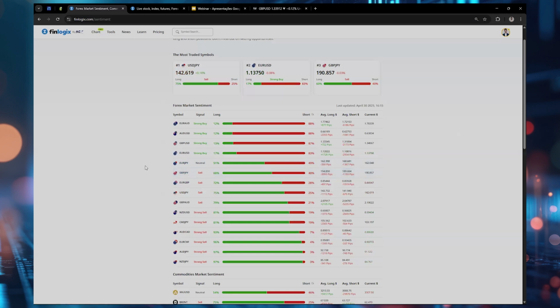For the Japanese yen, I would rather wait to get the context of what the Bank of Japan will say, what Ueda specifically will say about the tariffs that have been hitting Japan, because we've had pretty big moves on tariffs, right?